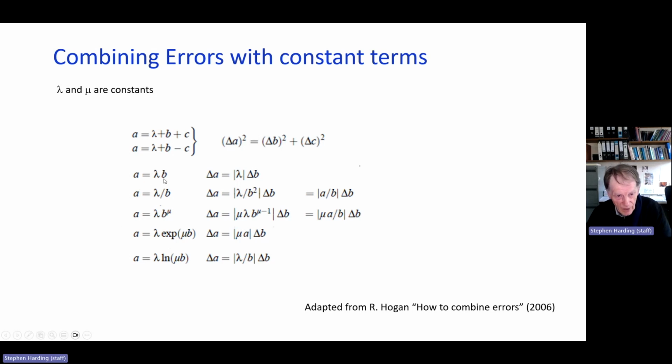This is a constant multiplying the parameter, a constant, and then the parameter dividing into it. And this is a case of a power, and then exponential, and then log, not natural logarithm here. And these are the formulae for calculating the errors and some simplifications here. So let's consider an example.